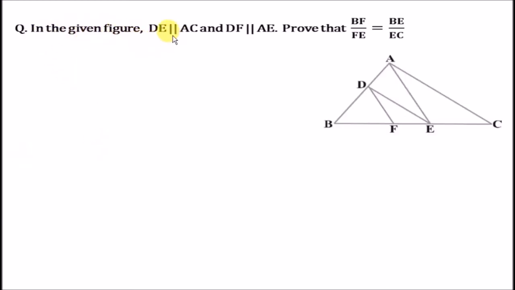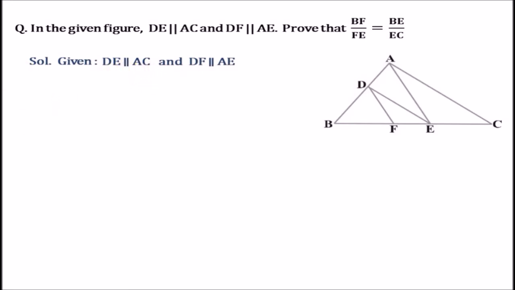Now the next question. In the given figure, DE is parallel to AC and DF is parallel to AE. We need to prove that BF by FE equals BE by EC. Here we will work on the triangles which will be defined by the given parallel conditions. Given to us, DE is parallel to AC and DF is parallel to AE.